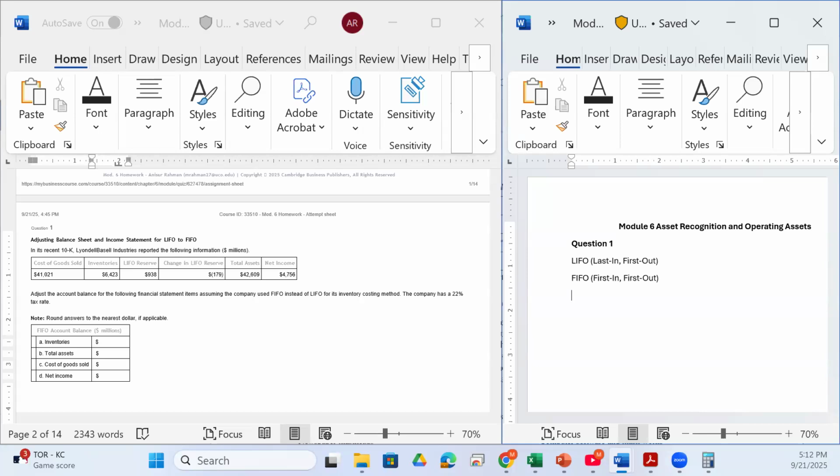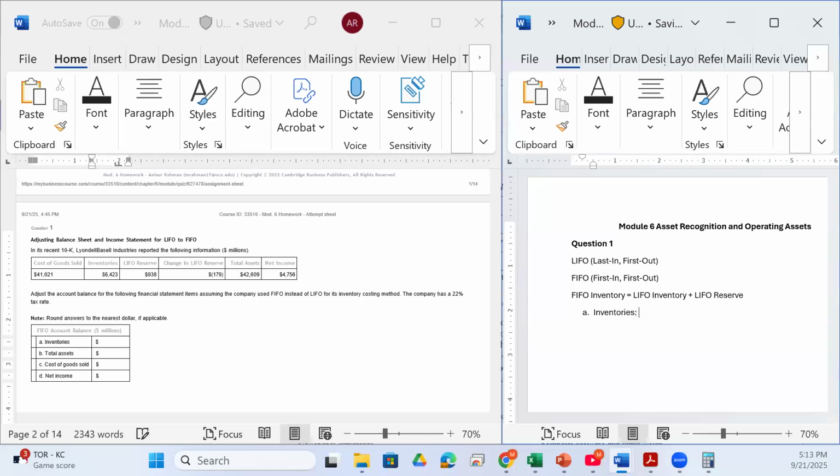So if we want to convert it to FIFO method, we have this formula: FIFO inventory is equal to LIFO inventory plus LIFO reserve, right? So we can answer part A then.